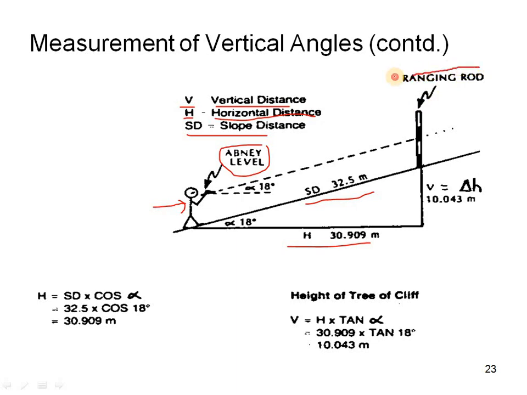So this is our ranging rod. Everyone knows the ranging rod is up to 3 meters in height. To find H, that is the distance from the observer to the object, we will find this also by the angle, and the slope distance we will also find out.